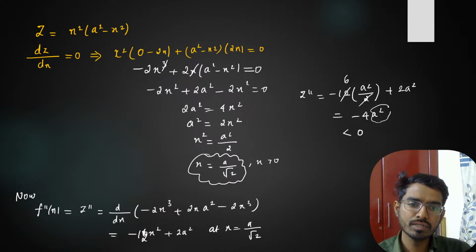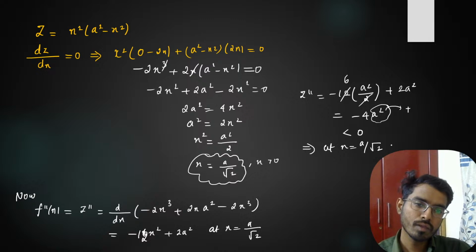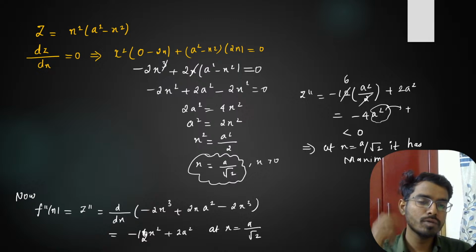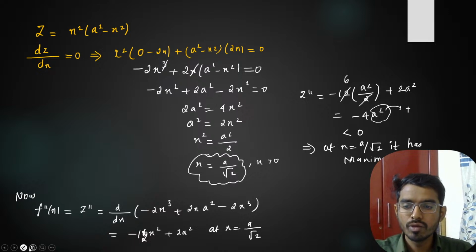Because this is positive. This is positive. So minus into something is less than 0. So that means z double dash is less than 0 at x is equal to a by root 2. That means at x is equal to a by root 2, it has maximum value, right? So that means this will be maximum at x is equal to a by root 2.